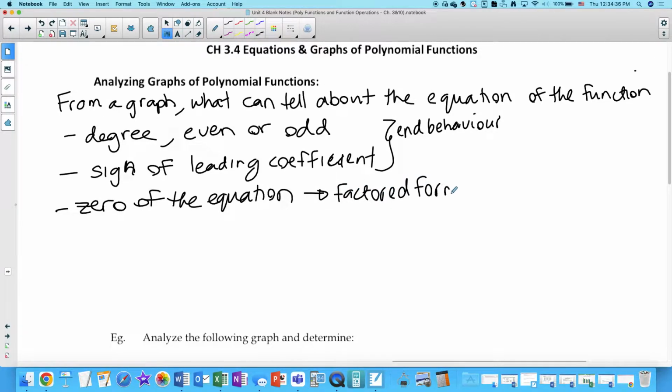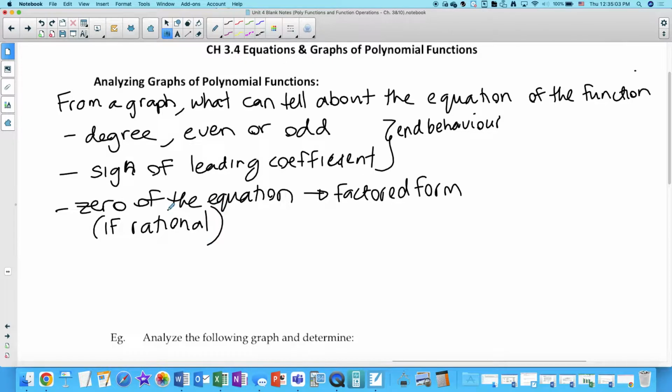Now, you have to be careful, though, because the zeros have to be rational for it to be factored, right? If you have to use like the quadratic formula to get a root that's an irrational value, then that wouldn't be factored. But if it's a rational root, like 1/3 or -2 or whatever, we can tell about the factored form, okay? That's if rational.